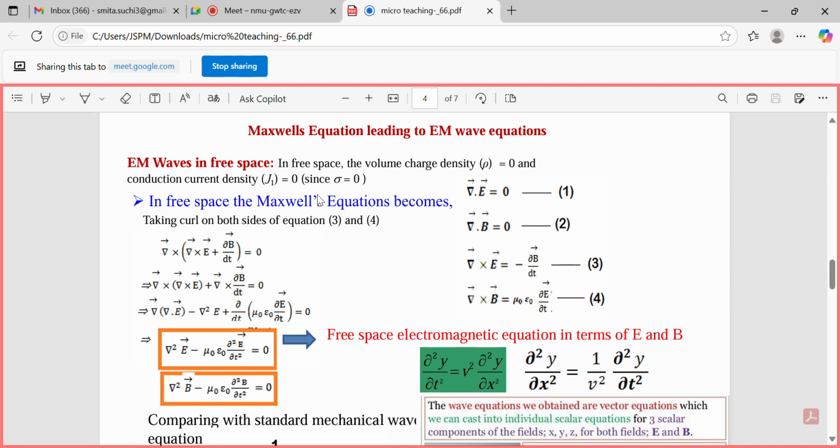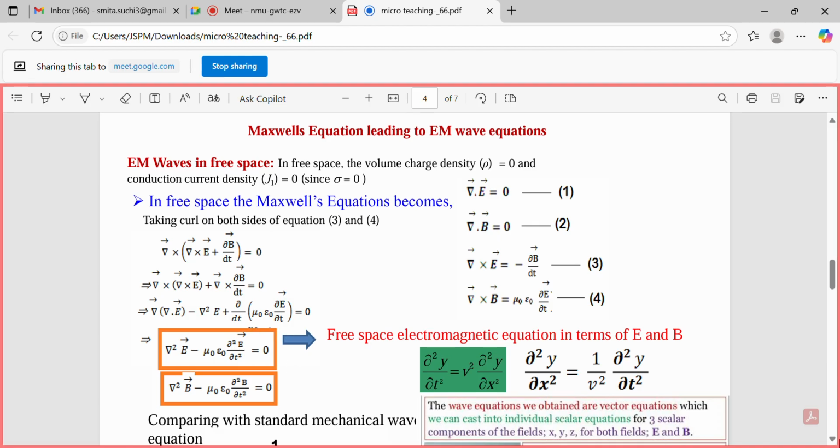We will take the curl of Maxwell's equations 3 and 4, which we have written on the previous slide, that is, del cross E plus del B by del t equal to 0. If you take the curl of the third electromagnetic equation, we get del square E minus mu naught epsilon naught del square E by del t square equal to 0. Similarly, if we take the curl of the fourth equation, we get the equation in terms of the magnetic field vector.